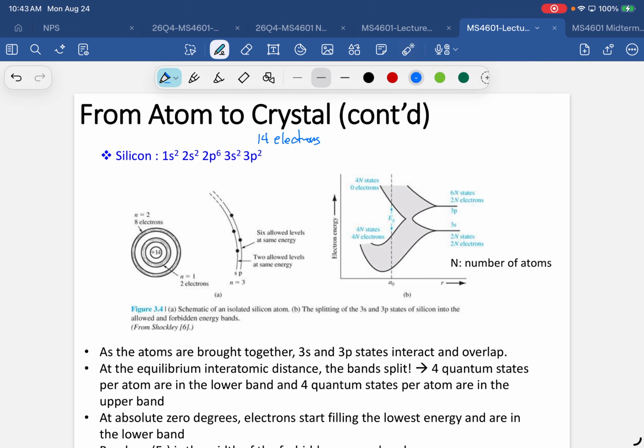At the individual atom level, it is 3s2 and 3p2. What that means is that at 3s we fill 2 electrons, and 3s is completely filled. So the last two electrons should go into the 3p level, because the 3p level has a higher energy than 3s.